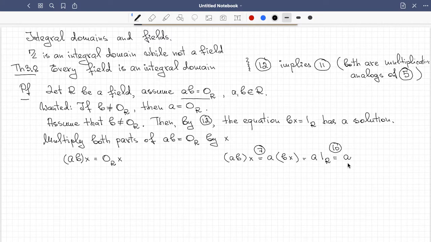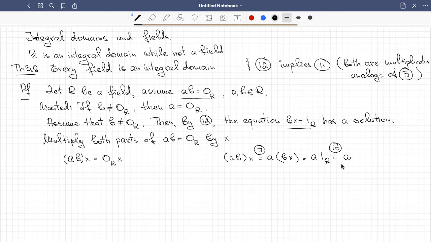So this is the transformation of the left-hand side: first by 7, then by Bx is 1, and after that by 10.